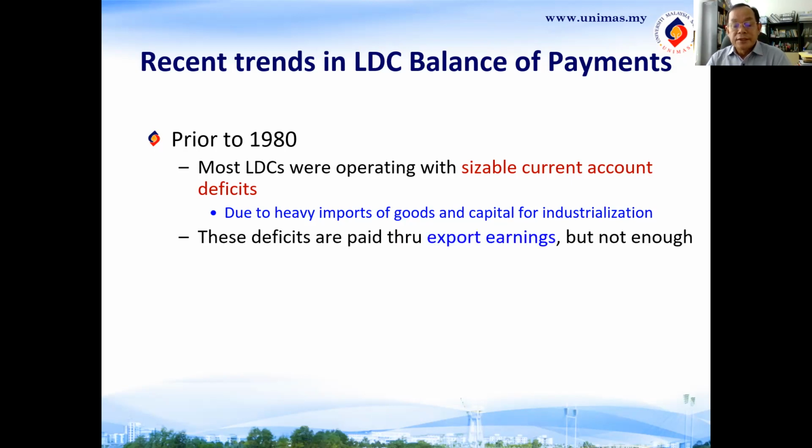So these deficits are paid through export earnings. So how do we pay for this? We pay, I'm talking about the developing countries, through earnings that come from export tadi lah.